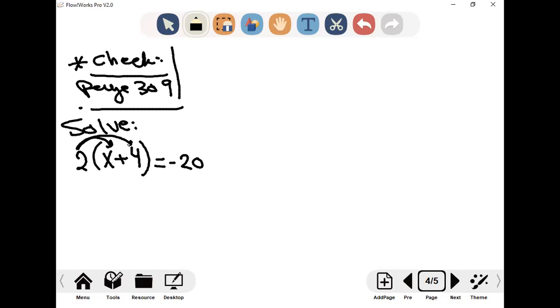Distribute, normal: 2 by x, 2x. 2 by 4, 8. Is this hard? Equal negative 20. What's the problem? Then what do we do? Yes Omar, shift the 8. Positive 8 there will be negative 8.